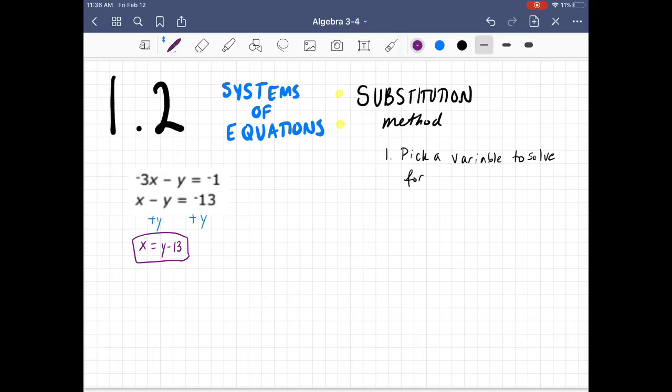And now the second step is to substitute it in for that variable. So I know that that's the same thing as x. x is the same thing as y minus 13. So I'm going to plug that in.